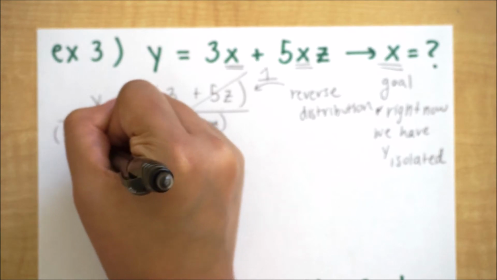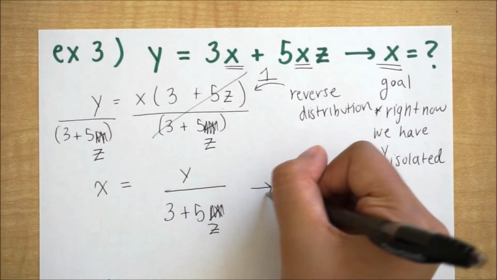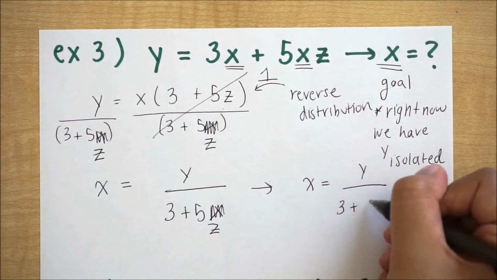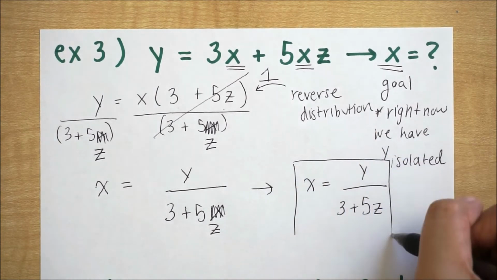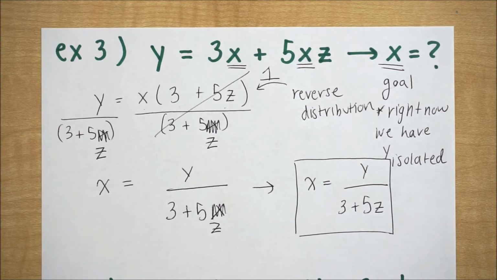So we can go ahead and fix that little mistake. So now we actually have x independent. So x is equal to y over 3 plus 5z. So we can box that and we're done, right? So we made x independent, we isolated x.